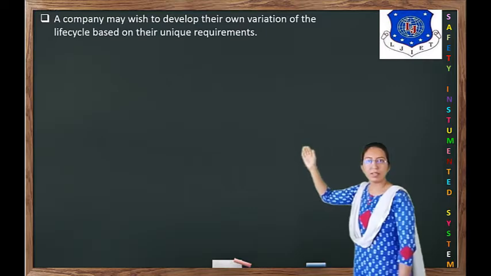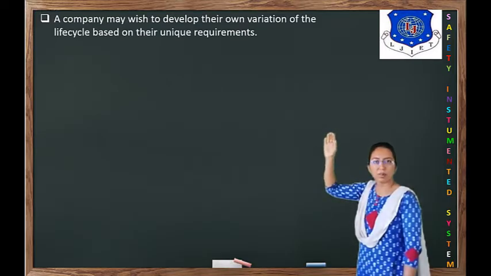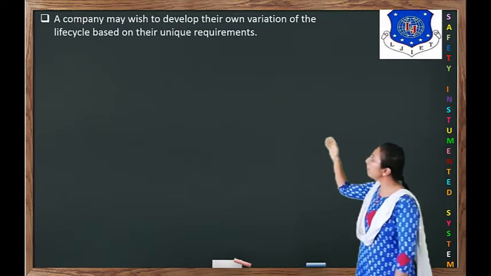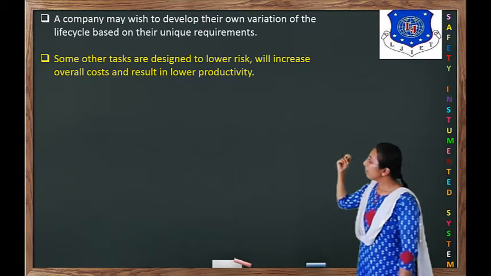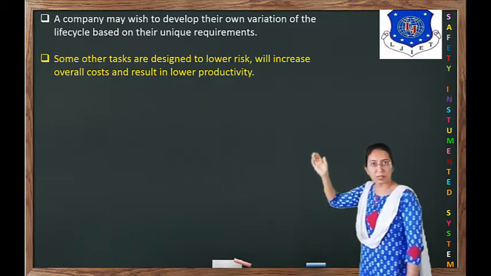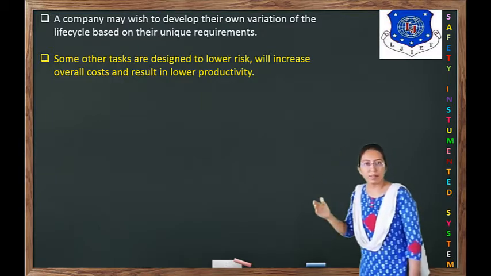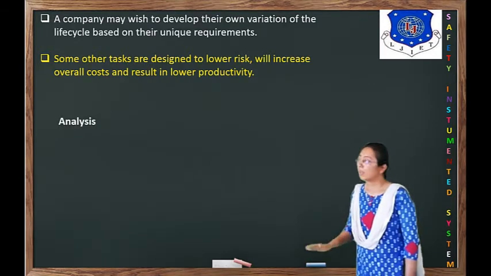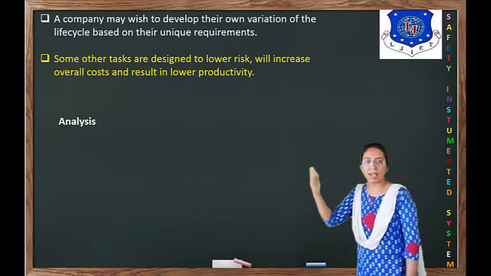A company may wish to develop its own variations of the life cycle based on its unique requirements. Some other tasks designed to lower risk will increase overall cost and result in lower productivity. Here we are dividing it into three parts. First is analysis.